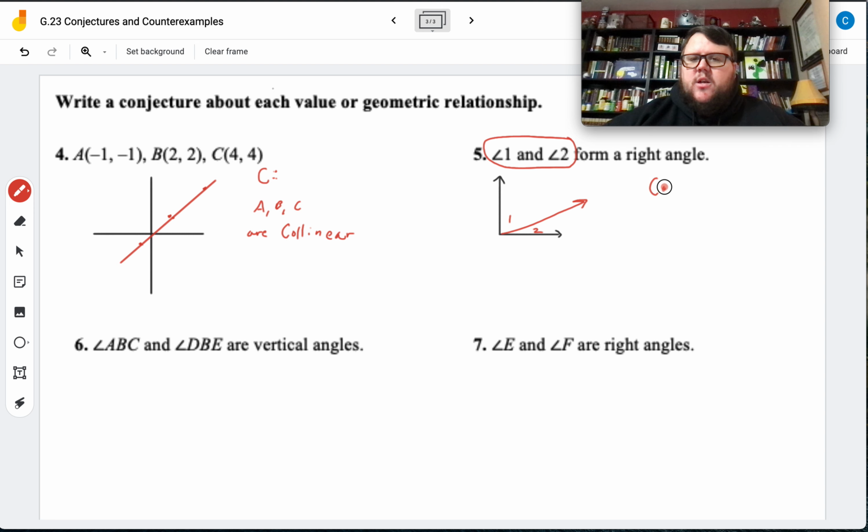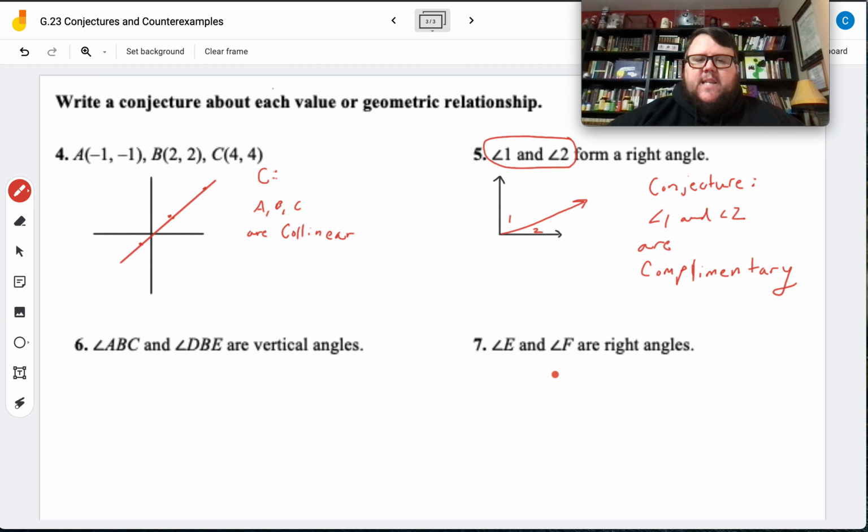So our conjecture, I'm just spelling it out for you this time because normally I would just put the C. Our conjecture is angle 1 and angle 2, if they form a right triangle, that means angle 1 and angle 2 are complementary. So that's how you do it.